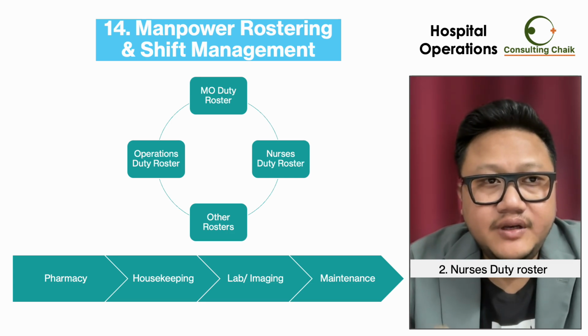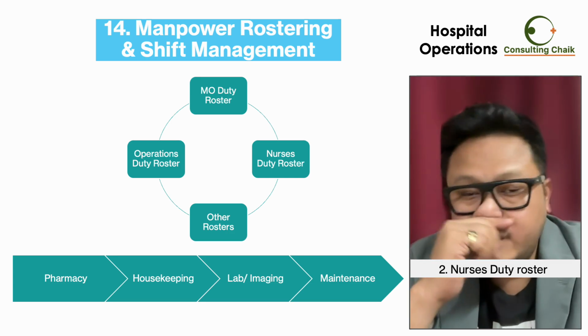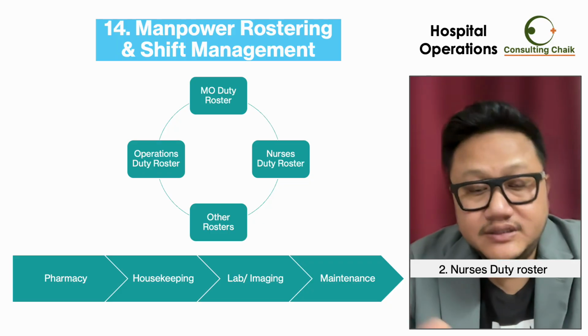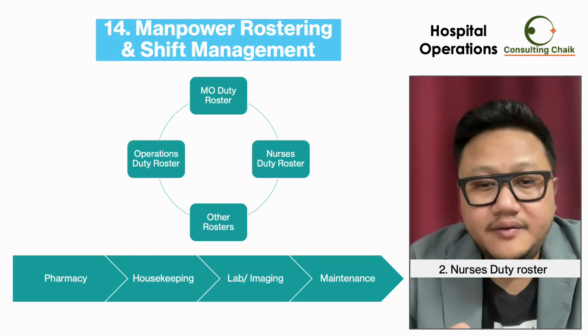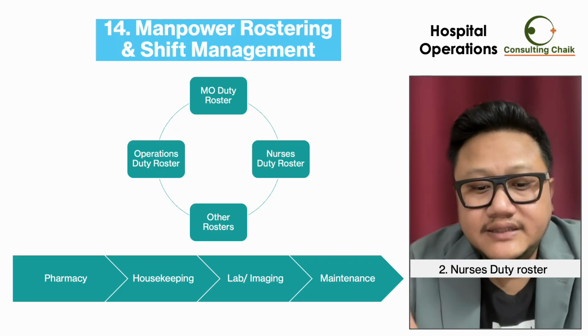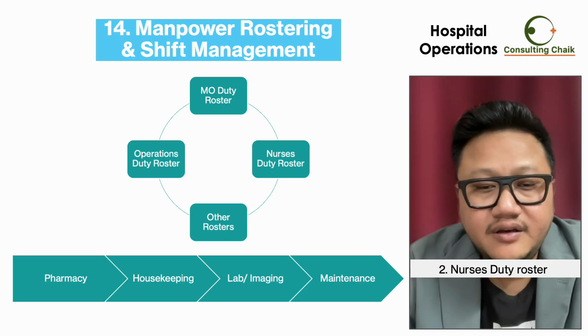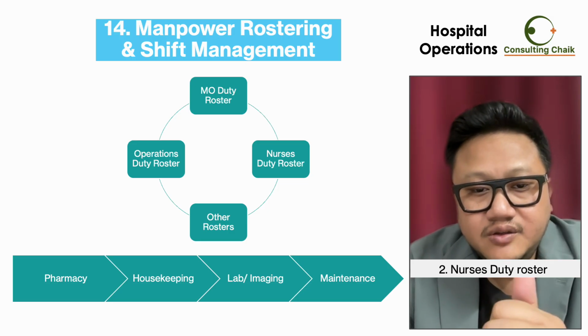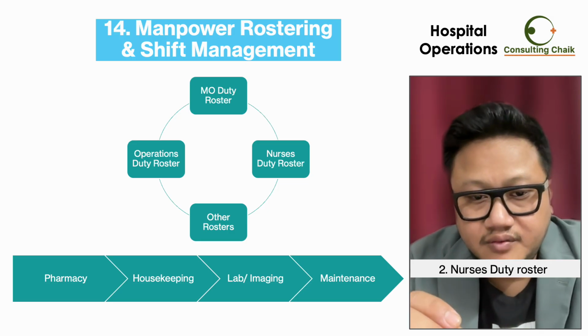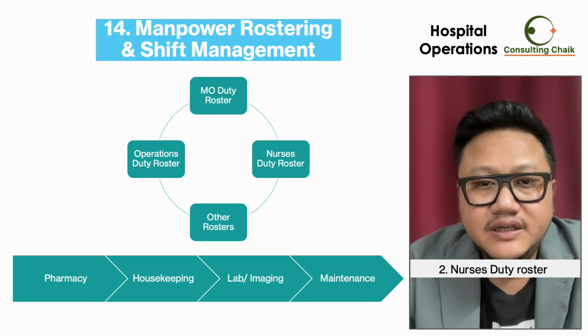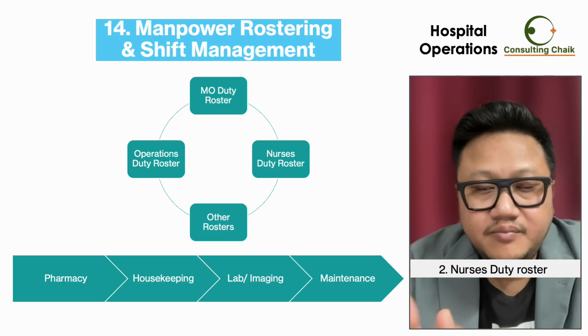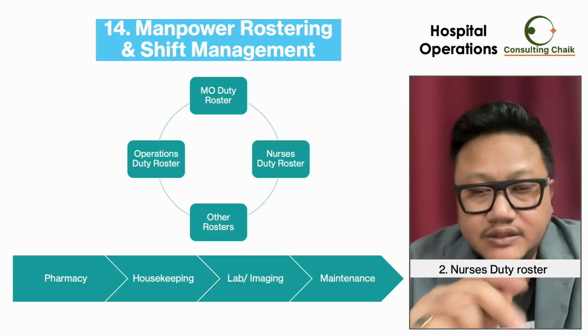The difference between nurses and the medical officers is that more nurses are required. So as I said, for 12 to 15 patients, you need one medical officer. For nurses, it depends upon the place, the ward. So for ICU, non-ventilated, 1 nurse for 2 patients.